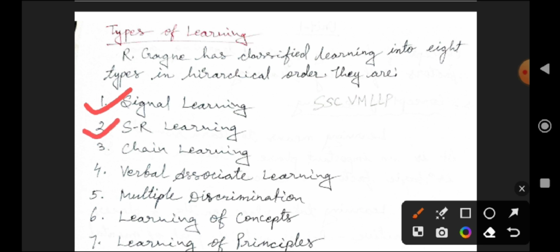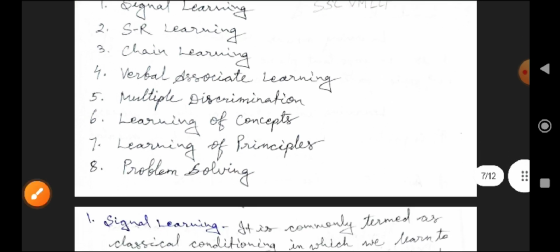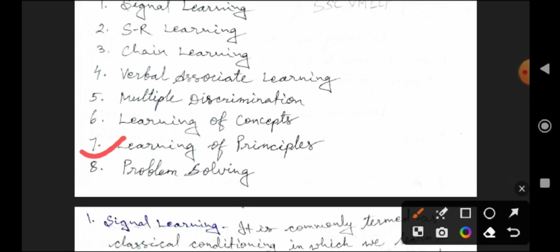Next, SR learning, then chain learning, verbal associate learning, multiple discrimination, then learning of concepts, next learning of principles, and then problem solving. Okay friends, so now we will discuss one by one in detail.